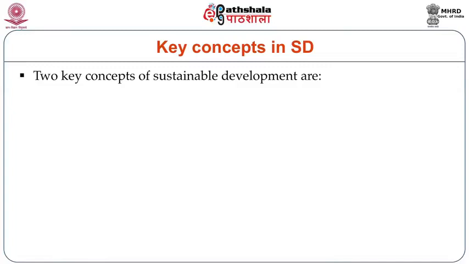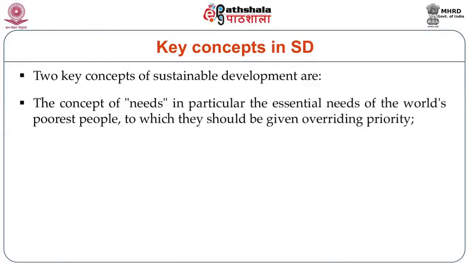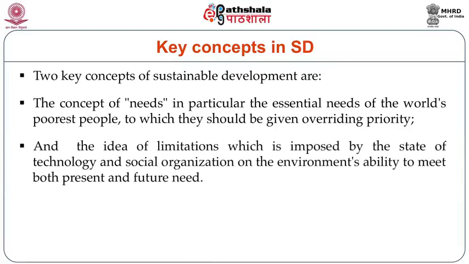Now, let's talk about two main concepts in sustainable development. There are two key concepts. One is the concept of need and the other is the idea of limitations. Let's look at the concept of need.